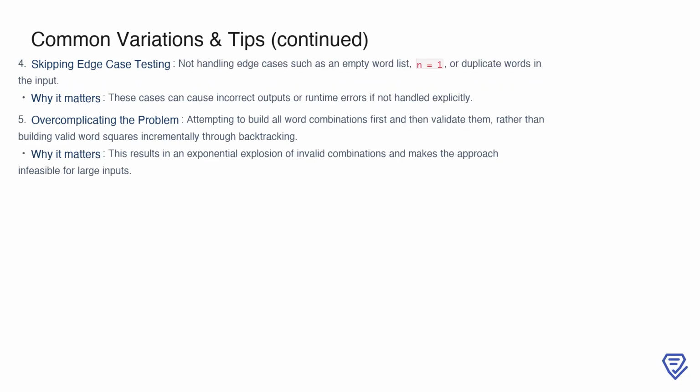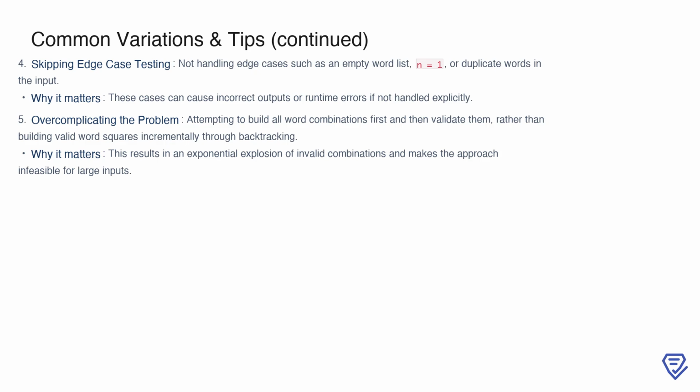Skipping edge case testing is another common mistake. For instance, scenarios like an empty word list, a word square size of 1, or duplicate words in the input are often overlooked. These cases can lead to runtime errors or incorrect outputs if not handled properly. It's also important to avoid overcomplicating the problem.